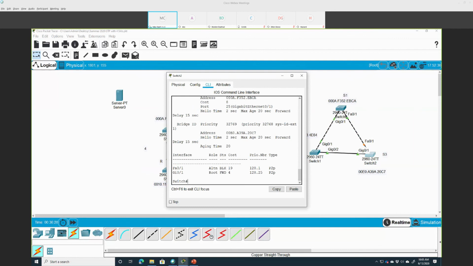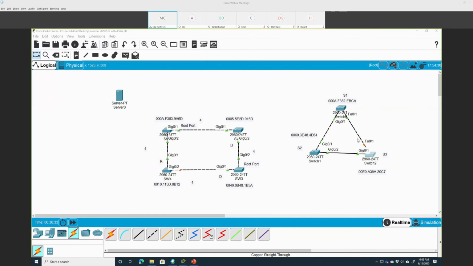So how about now, if I change this link to gigabit, it's still going to be the same thing, but one of these needs to be blocked. So what happens? We're not going to have the same outcome.